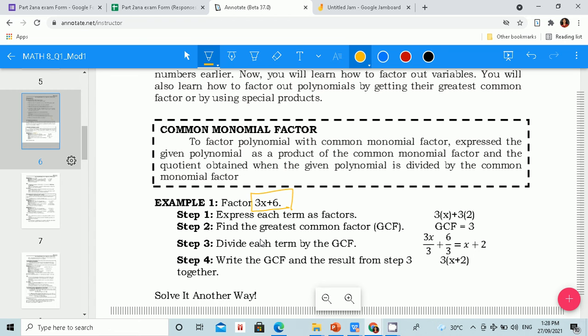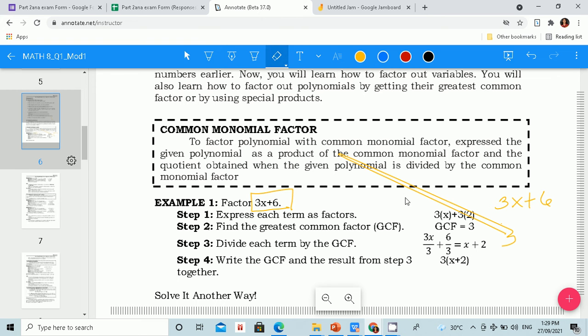Okay, you are going to factor 3x plus 6. What is the factor of 3x plus 6? Okay, first thing is you find the GCF. What number can be used to divide 3 and 6? It will be 3.